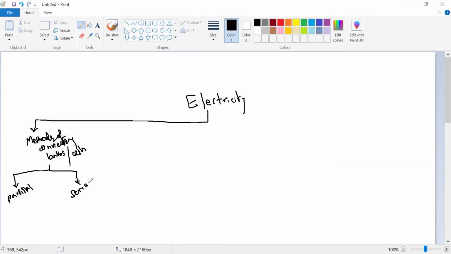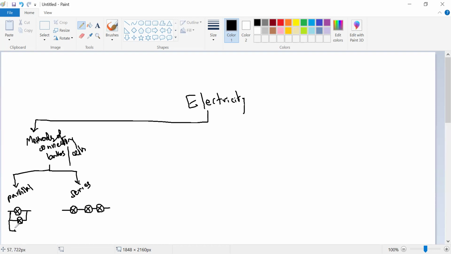If we are going to tell series of cells, one after the other. Remember this, okay? One after the other is series. But parallel means they are parallel to each other. This is what we call parallel.